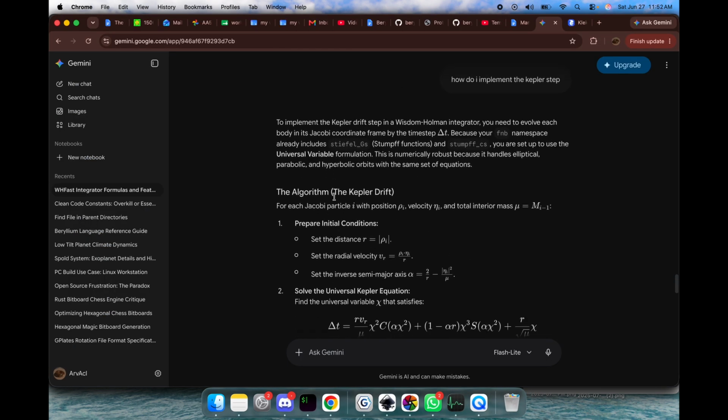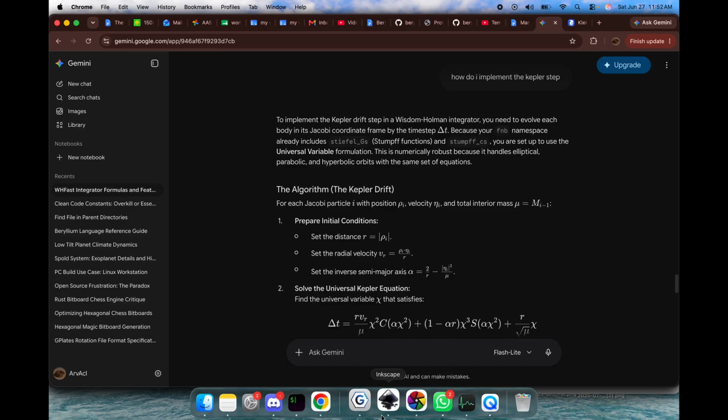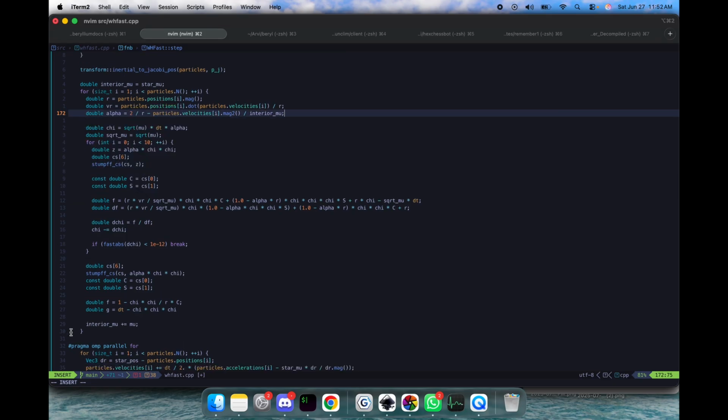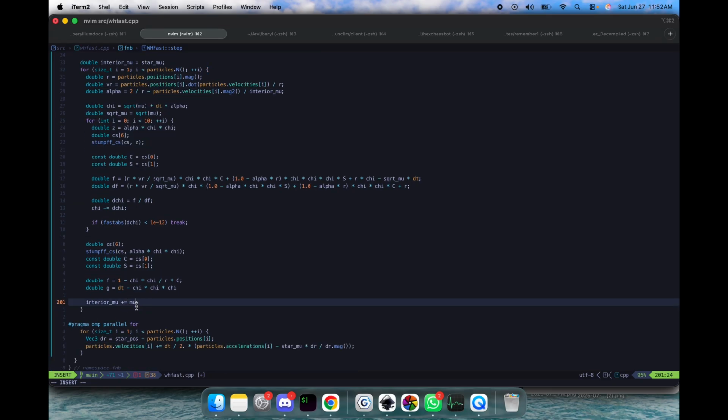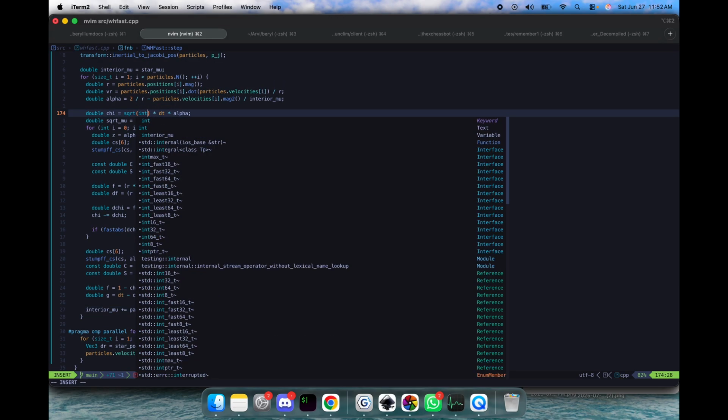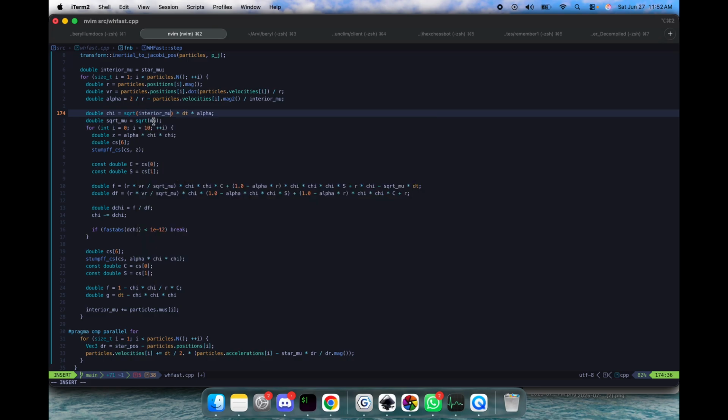Okay. Mu is the total interior mass. That's stupid. Particles dot mu's index I. Now interior mu here.